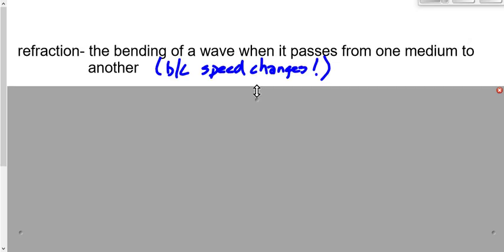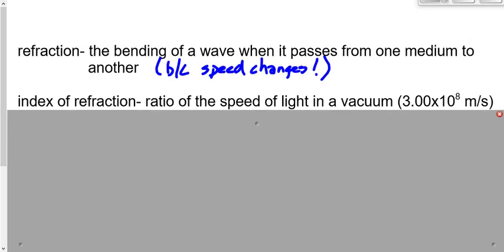New term called the index of refraction, or sometimes we see it called the refractive index. The refractive index, or the index of refraction, it's a ratio. A ratio is always what? We think back to our imaginary physics thesaurus. Another word that means the same thing as ratio is, what is it? Yeah, compare or divide.